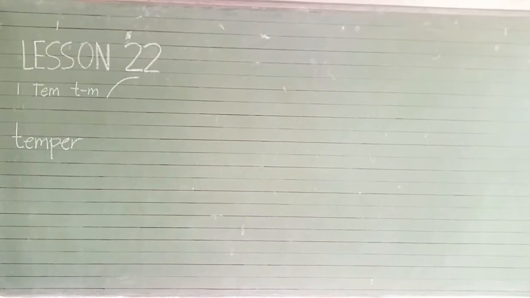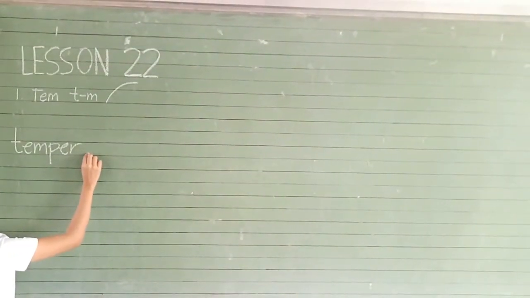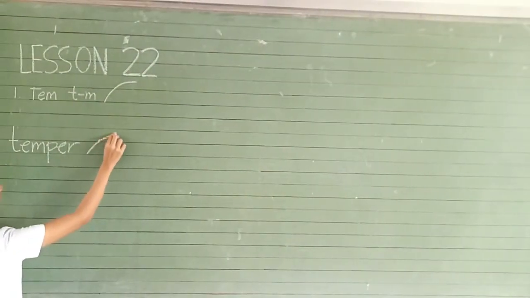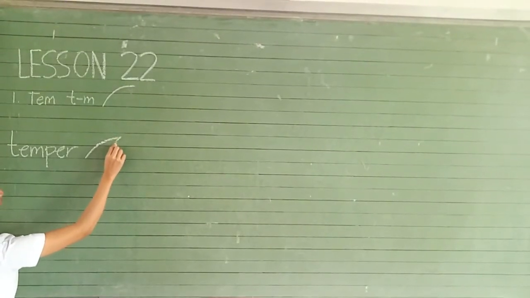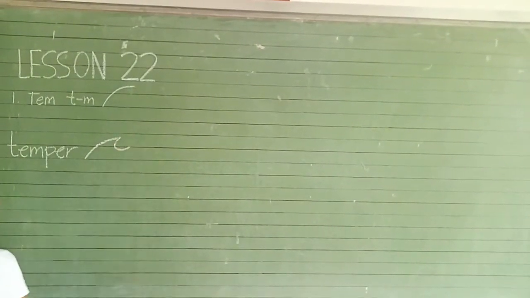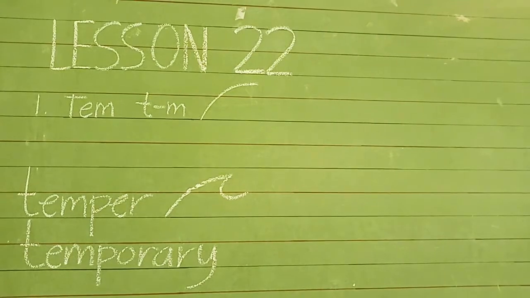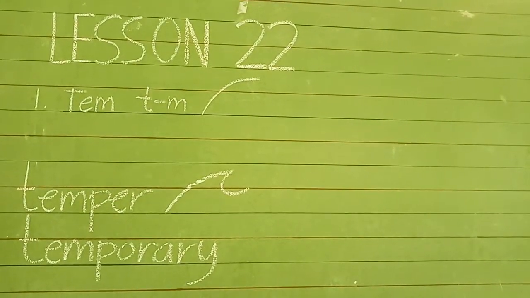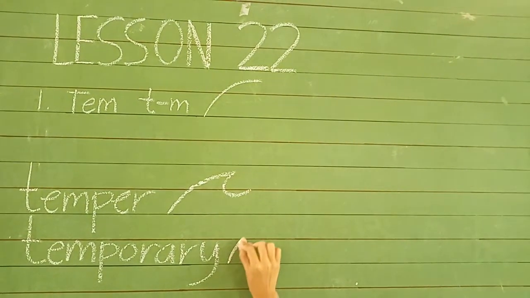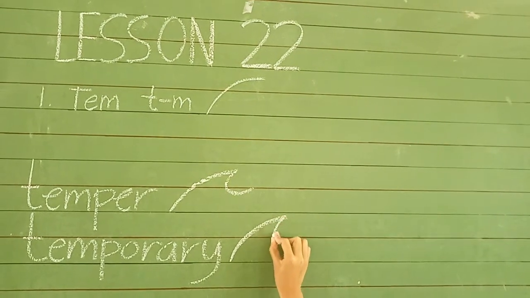Example number 1, temper, is represented by TEM, P, and R. Next, temporary is represented by TEM, P, R.